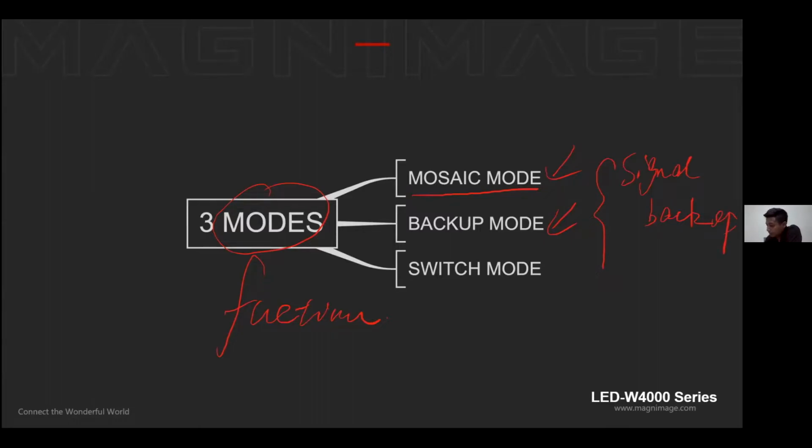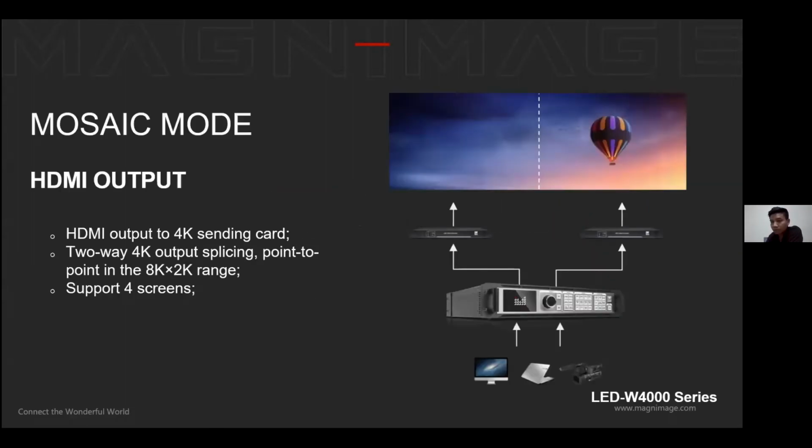And here, switch mode. Here is mosaic. Here is LED screen 1, LED screen 2. The mosaic function is automatic. You can connect to a 4K sending box, then we can combine 2 4K LED screens automatically.